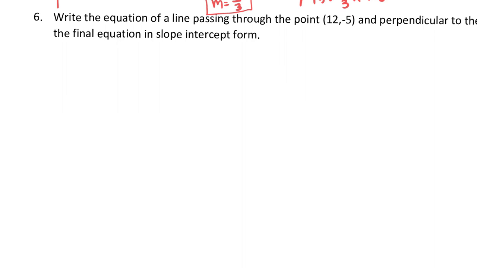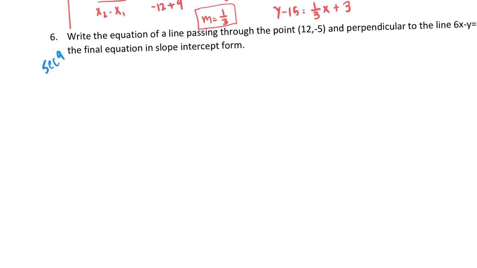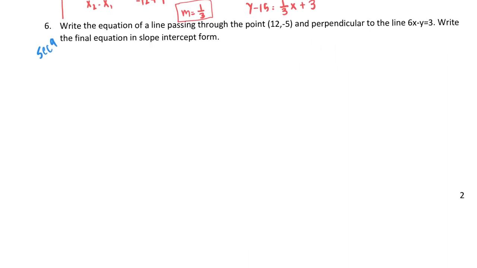Question 6, this is also from section 9, is very similar to question 5. So it says, write the equation of the line that passes through the point 12, negative 5, and is perpendicular to the line 6x minus y equals 3. So the first thing we need to do is find the slope. We know we have a line whose equation is 6x minus y equals 3.